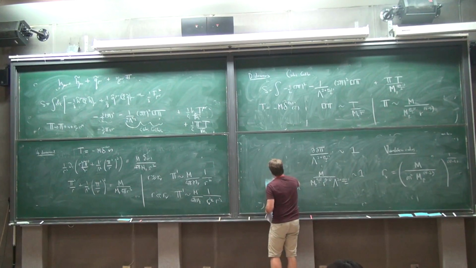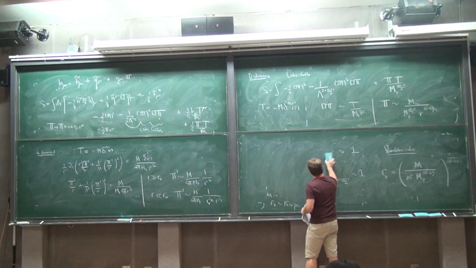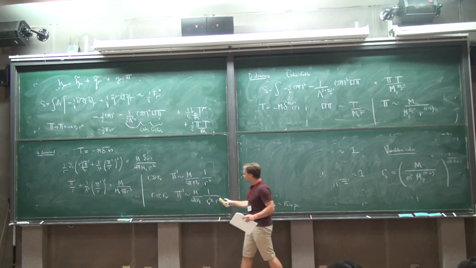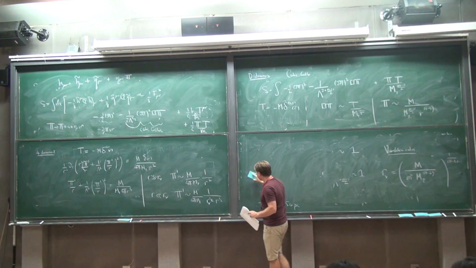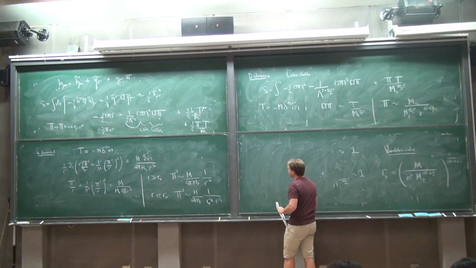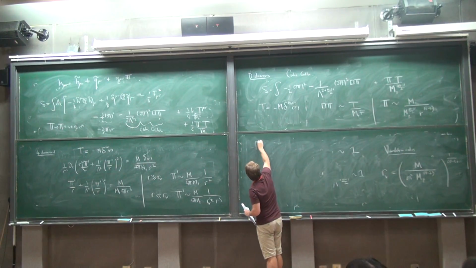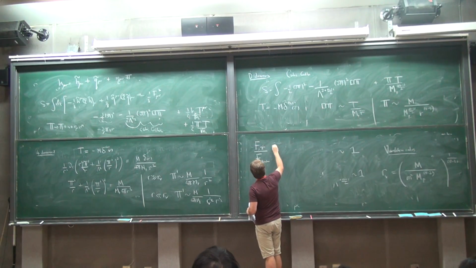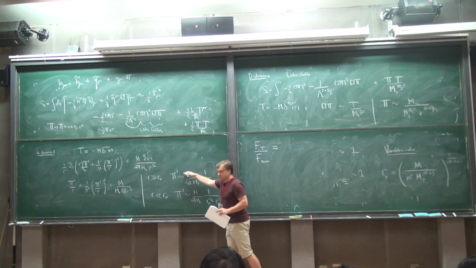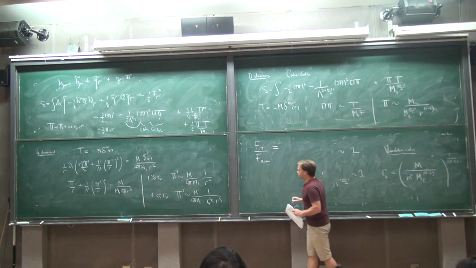So if I look at the ratio of the force coming from pi to the ordinary Newtonian force, then in the outer region this is an order 1 factor, which is why you have the vDVZ discontinuity.